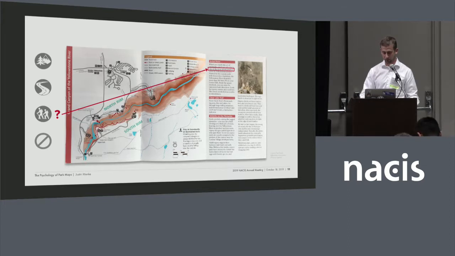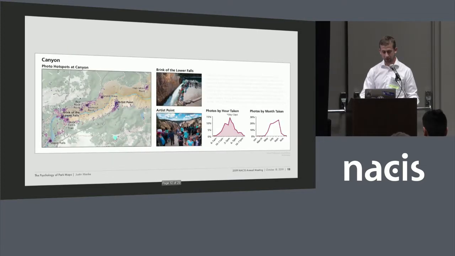And so what I want to spend the rest of the time talking about is how might we convey social information, and what might that mean. And so this is an example from a project we're working on in the infographics lab at the university, the forthcoming second edition of the Atlas of Yellowstone.